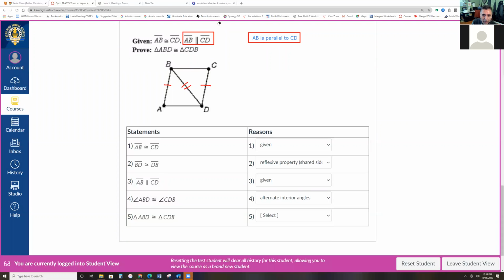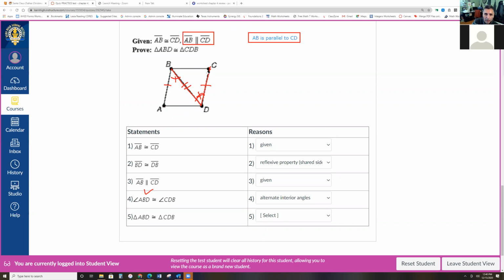I'm going to put those on my diagram. Remember when we diagram this, A, B, D, follow the letters. The middle one is where your angle is. And then the next one, CDB, the middle letter is where the angle is.